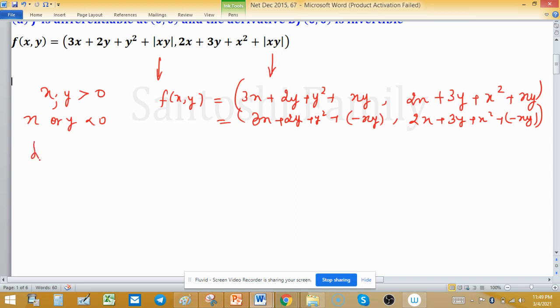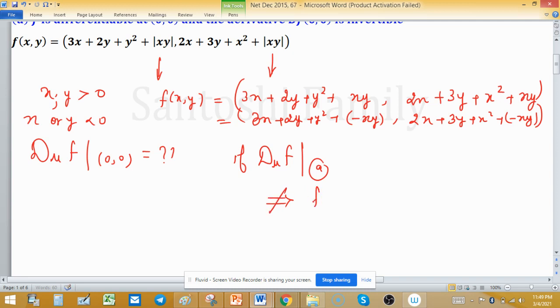What is the directional derivative in the direction u of f at the point (0,0)? This will give you differentiability of the function at the point (0,0), and also continuity. Remember one point: if directional derivative Duf exists at a point a, this doesn't imply that the function is continuous at a.